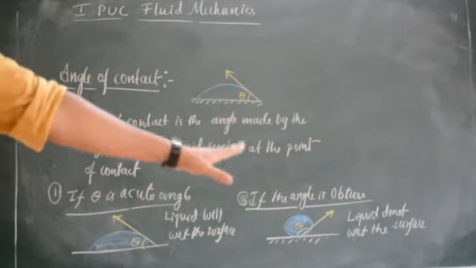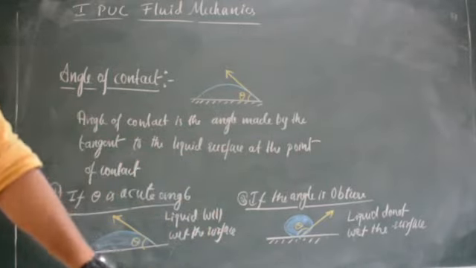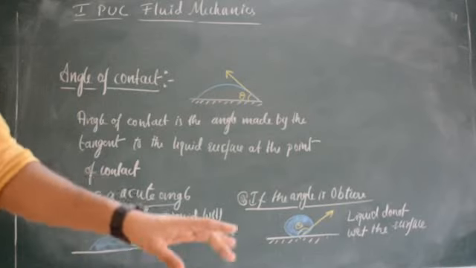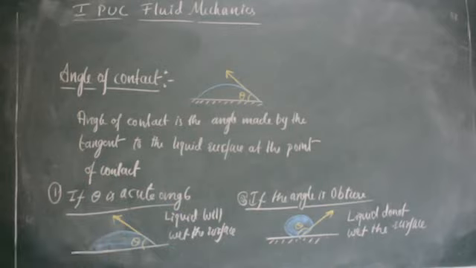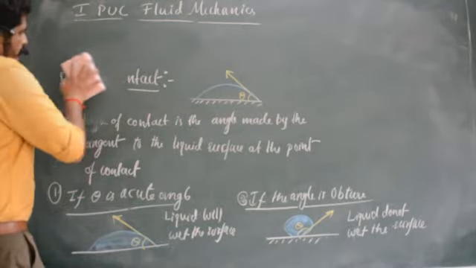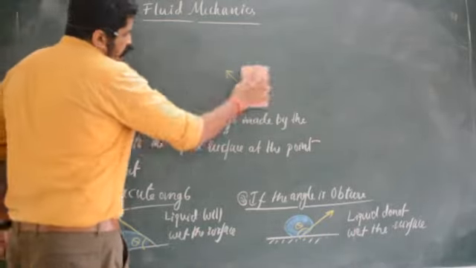The best example is mercury. That is why mercury will be in a spherical shape and move randomly. Why? Because they will be in that shape, whereas water will be in this kind of shape. So hope this is clear for you people. There is no confusion in this. Okay, yes, fine. So that is all about the angle of contact concept.